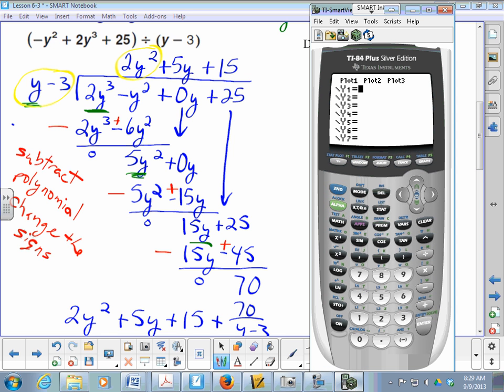So we're going to put 2y cubed or 2x cubed minus x squared plus 25.